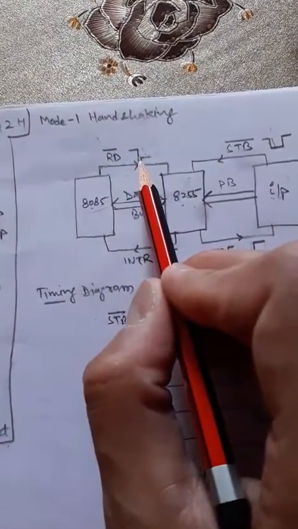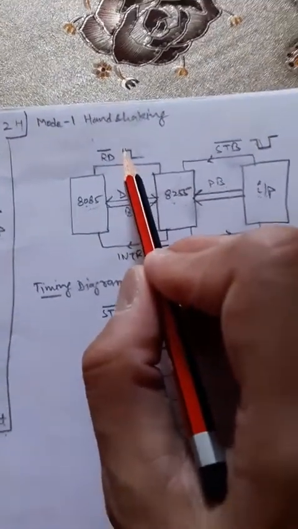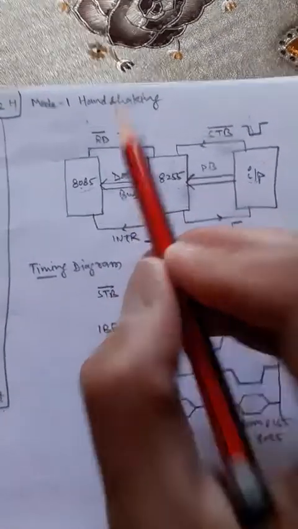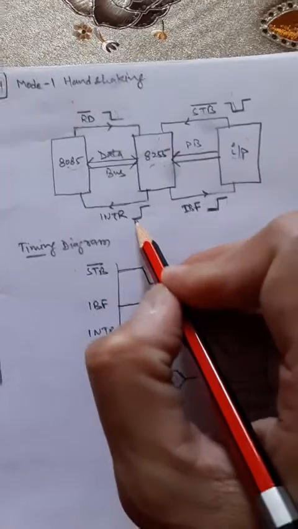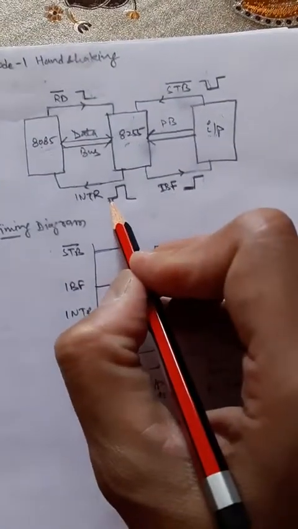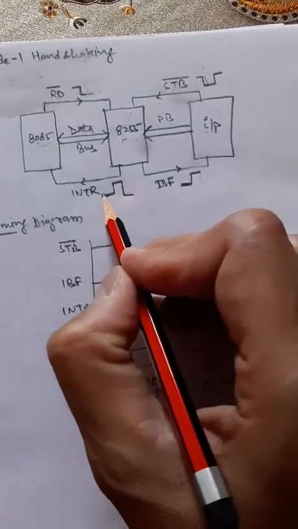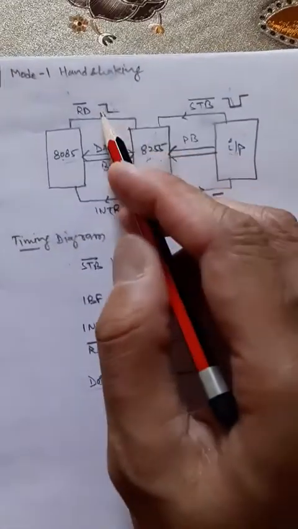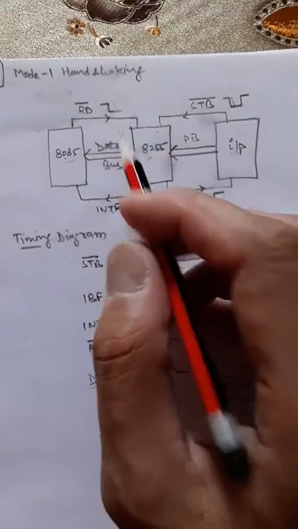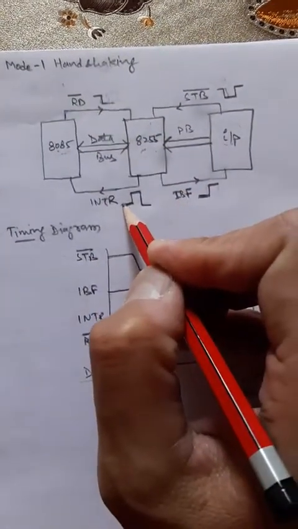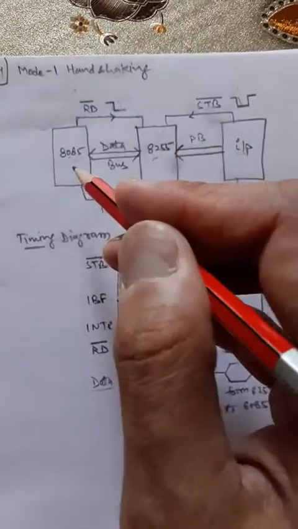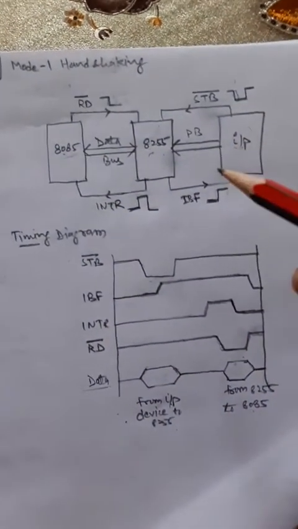Whenever the processor starts reading this data, the 8255 immediately keeps INTR low. If it did not, then after completing the read operation for this particular data, the MPU would again see INTR high and start reading the same data again, which makes a duplication of data.